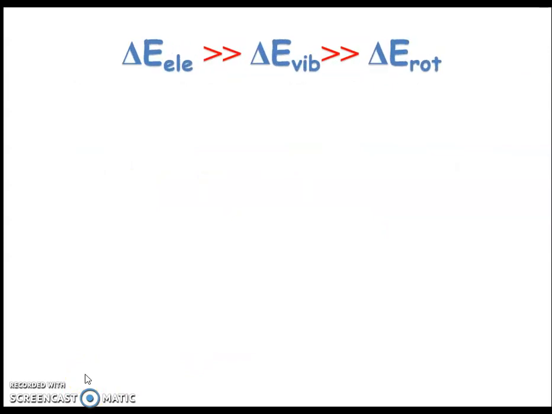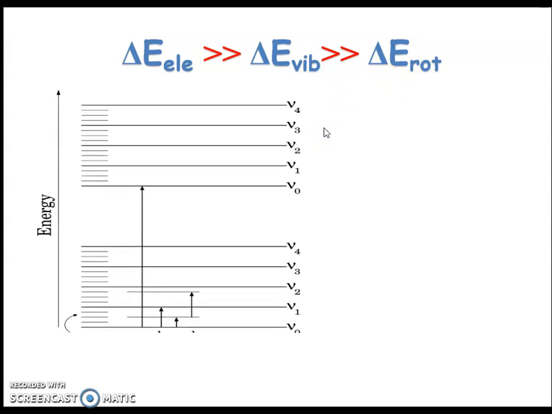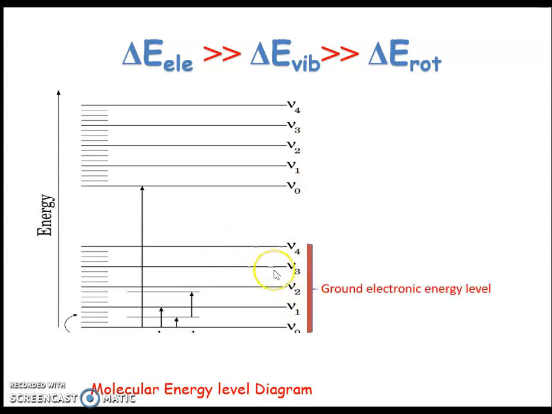Furthermore, the electronic energy change is very much higher than the vibrational energy change, which is higher than the rotational energy change. We can make it clear by considering a molecular energy level diagram. Here we have two electronic levels, a ground electronic energy level and an excited electronic energy level.